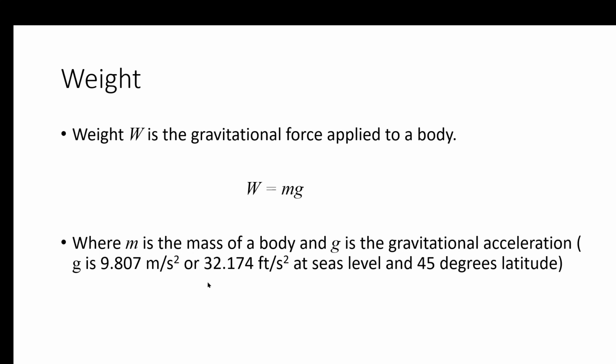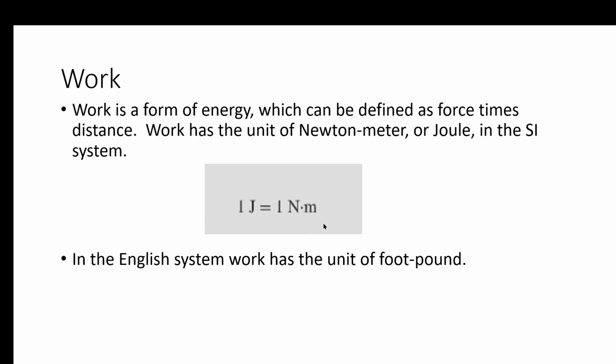If you're using the USCS or English system, it's 32.174 feet per second squared. All right, so nothing really special about this. Okay, work. The unit of work in the SI system is the joule, which is just 1 Newton meter. Okay, so either one. And in the English system, it's foot pound.